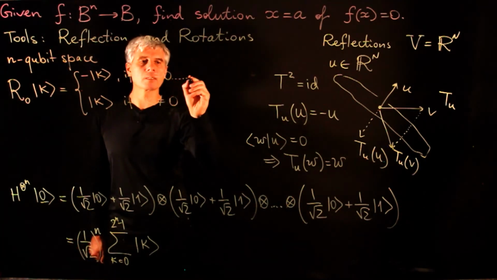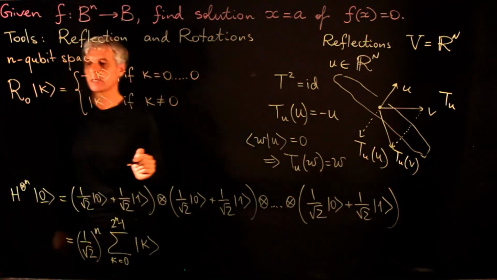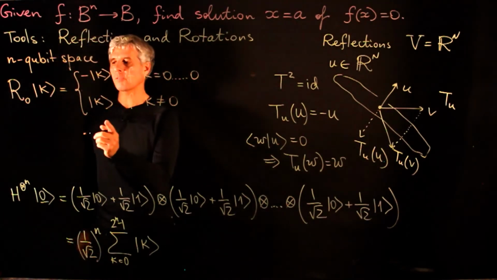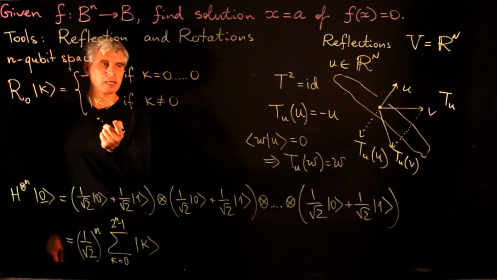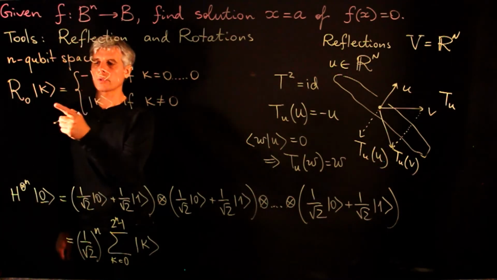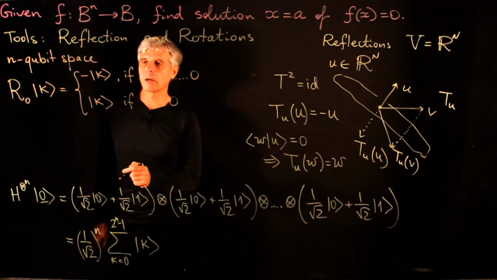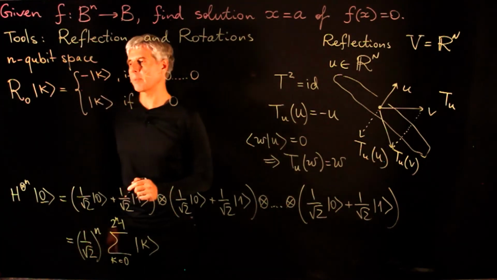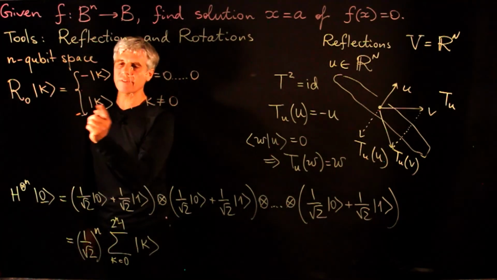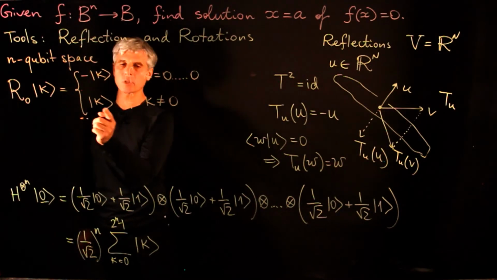Well, 0 means 0, 0, 0, 0, right? So the string of all zeros is reflected. We switch the sign at this term, and all other basis vectors are preserved.